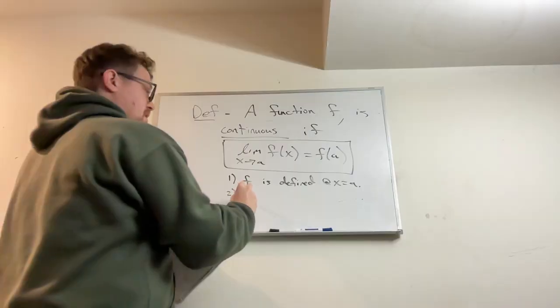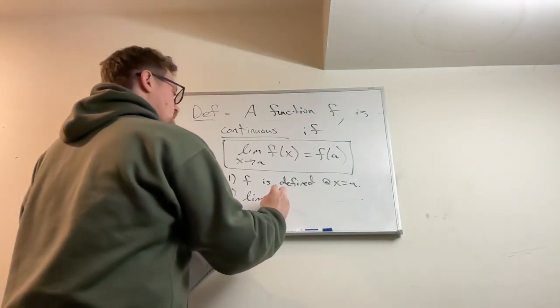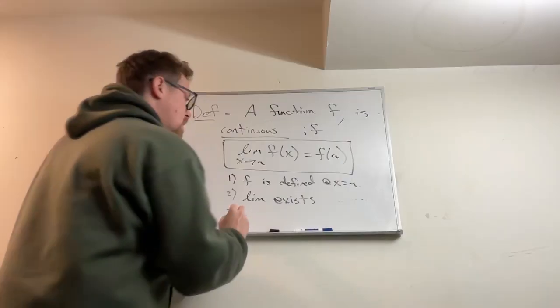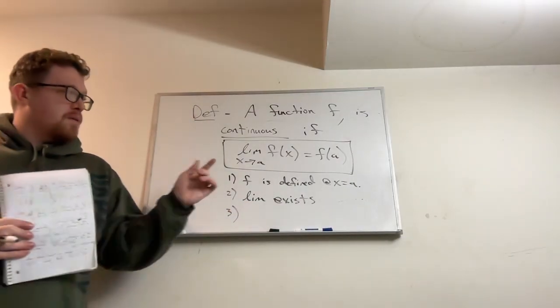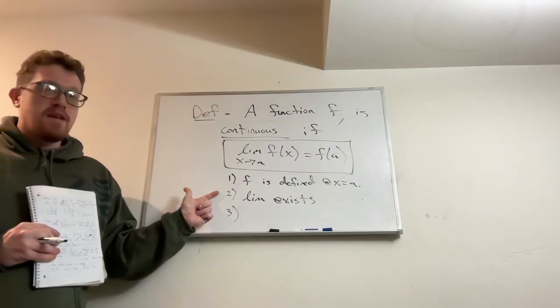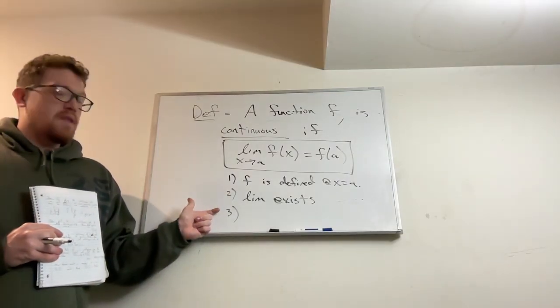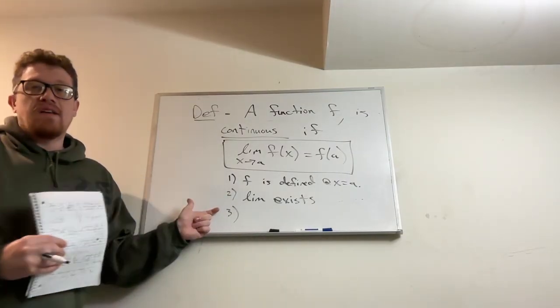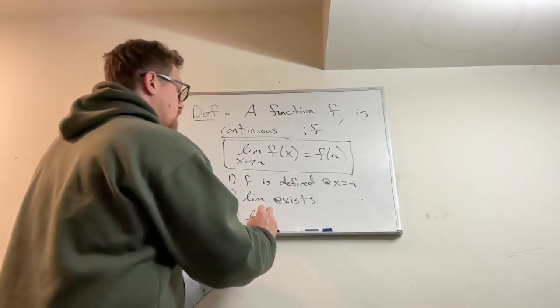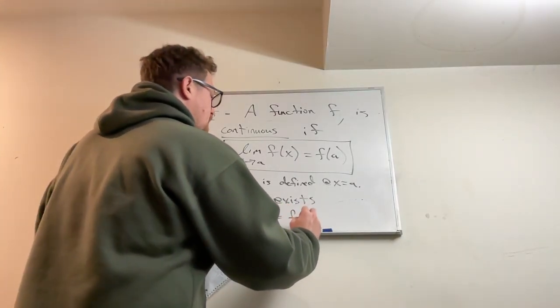That's the second thing. And so not only is the function defined at x equals a and the limit as x goes to a exists, but the third thing is that it's actually equal to the value of the function at the point. So the limit is actually equal to f of a.